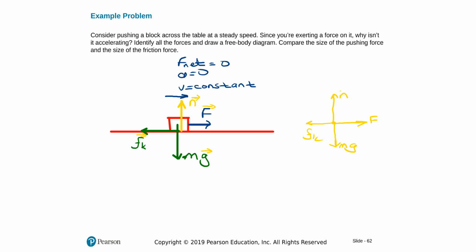Notice here, since v is constant, a is 0, F net is 0, that means my force is cancelled by the frictional force. So the friction force is equal to my force. There is no up and down motion either, so my normal force is equal to mg. That's always the case if I have an object on a flat surface. If it's tilted, the normal force is the component of mg.